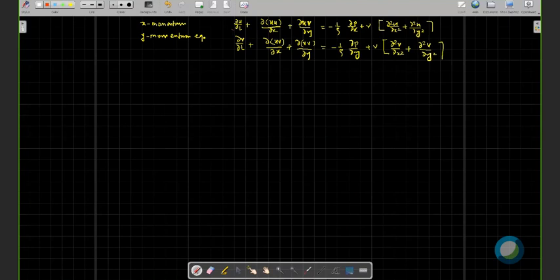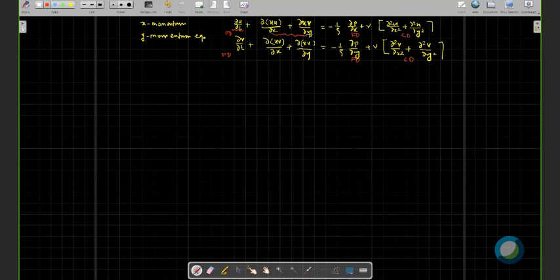Now we have seen that for this particular case we use the forward difference method in time. For this also we use forward difference. We can use forward difference or central difference for these two terms.